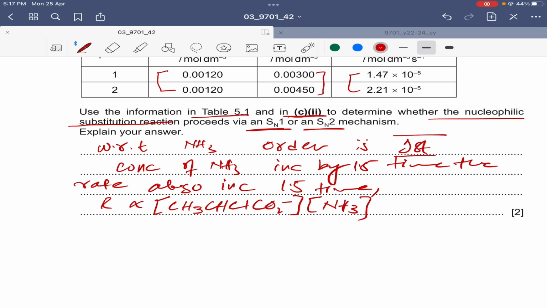Because in this reaction the rate depends on both the concentration of chloropropanoiodine and the concentration of ammonia, the reaction is happening through SN2 mechanism because the rate depends on the concentration of nucleophile. All right. If it comes out zero order, that means it is SN1 mechanism.